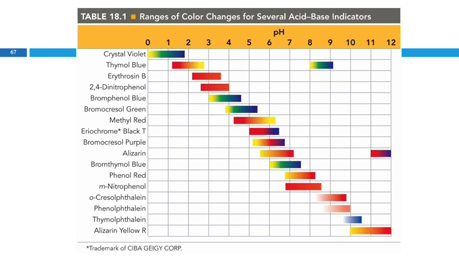Yeah. So there are several blues. There's thymol blue, and there's bromothymol blue, so that's got bromine on it. And then there's bromocresol purple, bromophenol, right? So there's a bunch of different things that would.